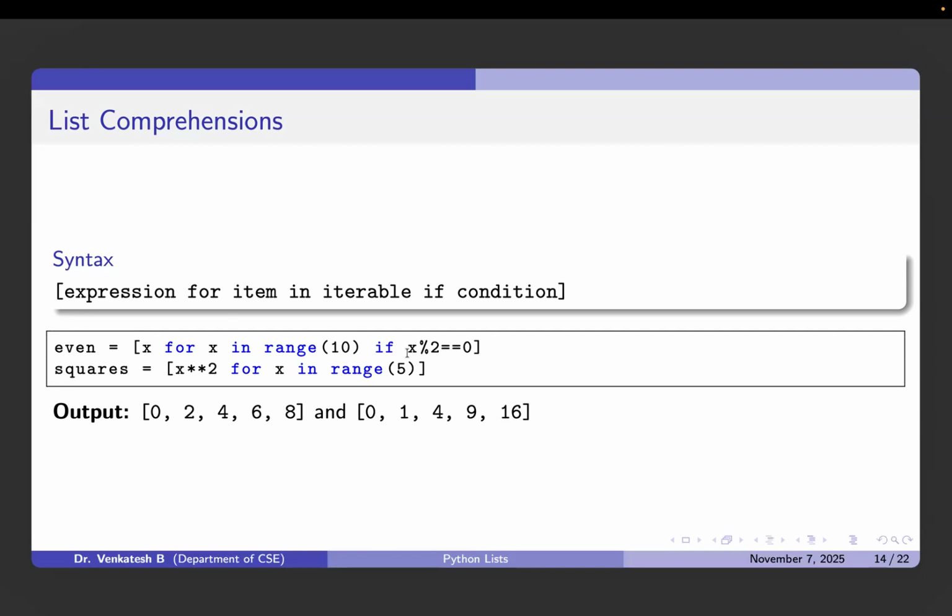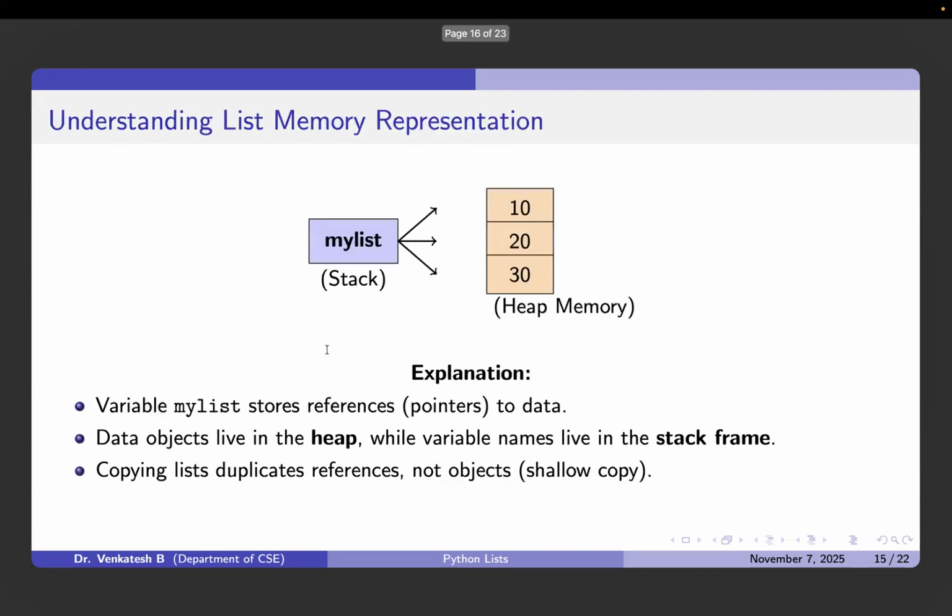From 0 to 10, if x modulus 2 double equal to 0, then it is an even number, so we store that element into the list. The if condition is optional. If we do not give that condition, then the other elements are included, but the value 10 is not considered in that range. It is excluded.